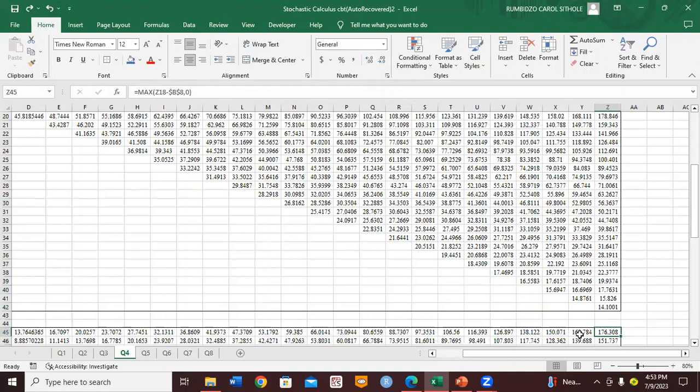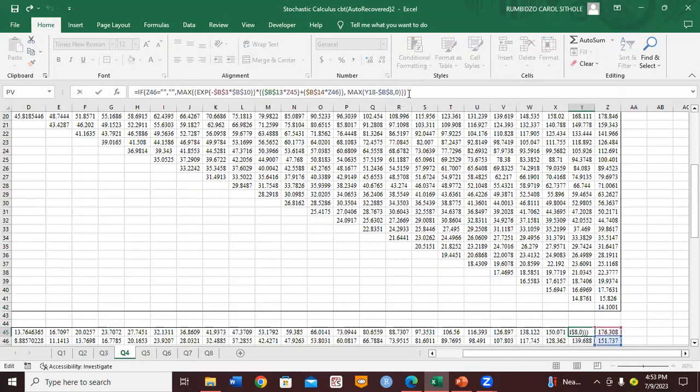And then we now move to this other side, because we're working backwards. Here we'll need an if effect. So if a cell is blank, it doesn't calculate, we just get the ones that are feasible. So you will see here, if Z46 is blank, it will leave it blank.